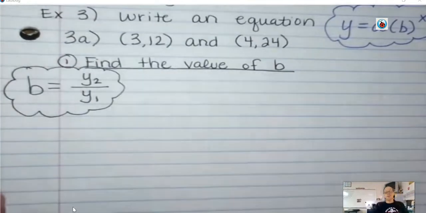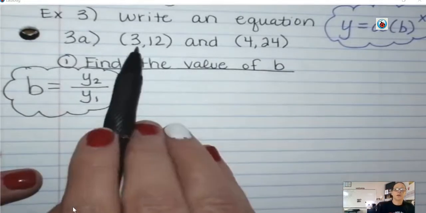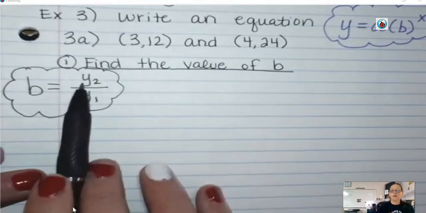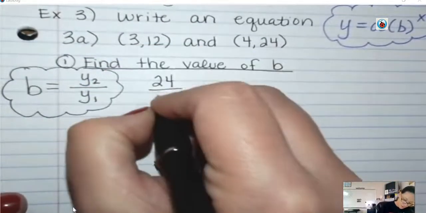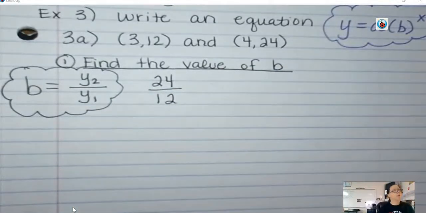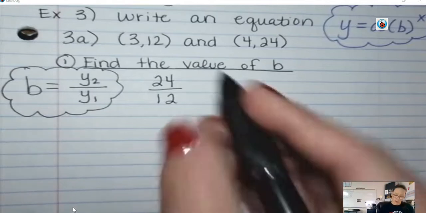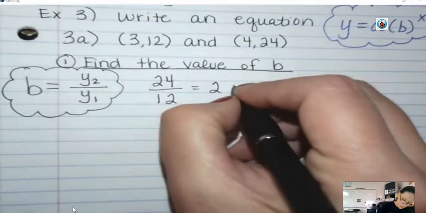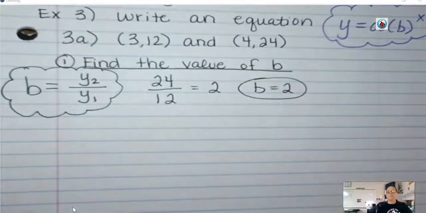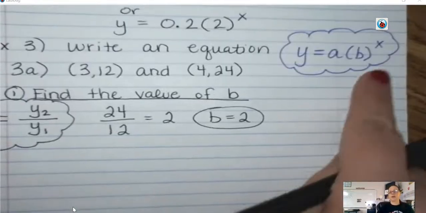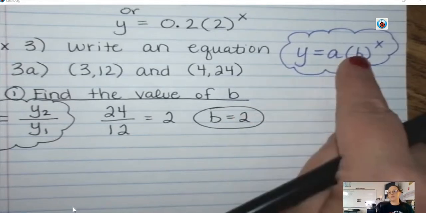So we have 2 points, xy, xy. So take the second y, which is 24, divide it by the first y. 24 divided by 12 is 2. So I know the b value is 2. So when I go to write my equation in a minute, I know I'm going to put the 2 in for the b.